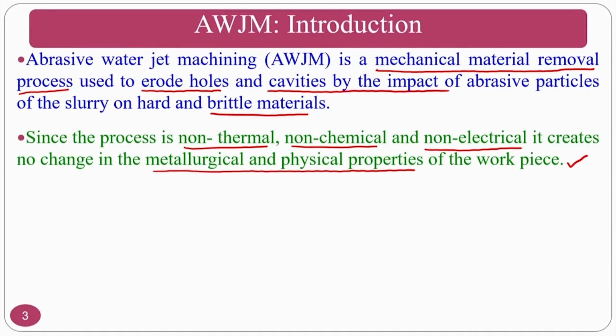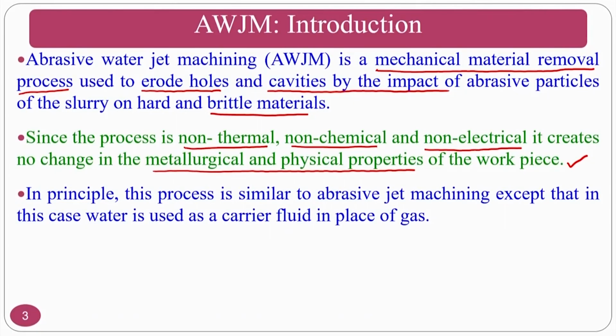That means that the parent material properties will be there at the site where the product is developed, or where the hole or cavity is developed. Okay. In other terms, if you are going to machine a hole with a laser beam machine or electric discharge machining, because of the thermal effects, what will happen?